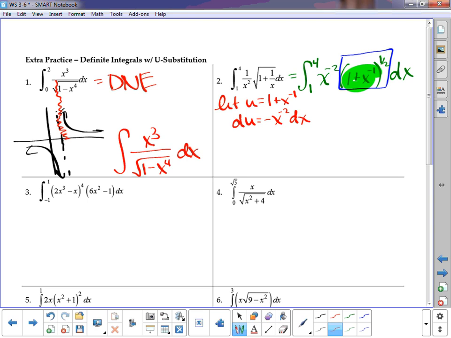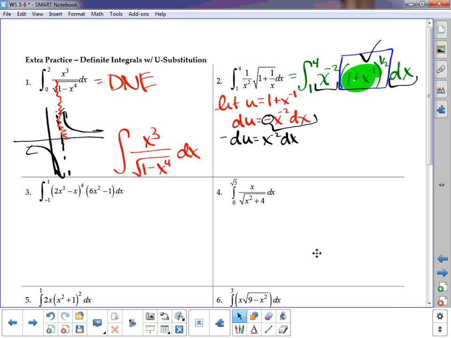Okay, so now taking a look at my integral, I have this piece taken care of with u. I have x to the negative second dx, but I need this negative here. So again, you could go ahead and divide by that negative 1. I can say that negative du equals x to the negative second dx, or you can multiply that.